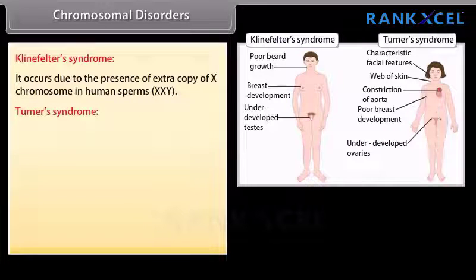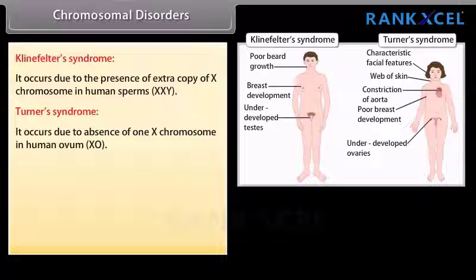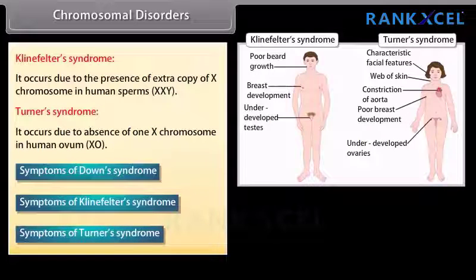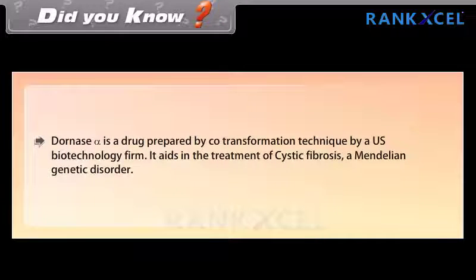Turner's syndrome: it occurs due to the absence of an X chromosome in the human ovum, XO. Did you know? Dornase alpha is a drug prepared by co-transformation technique by a US biotechnology firm. It aids in the treatment of cystic fibrosis, a Mendelian genetic disorder.